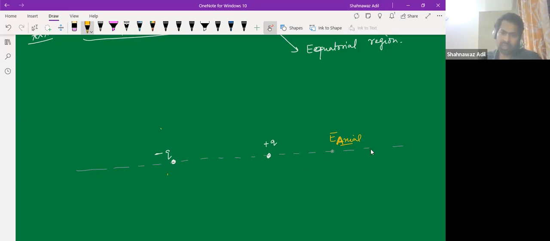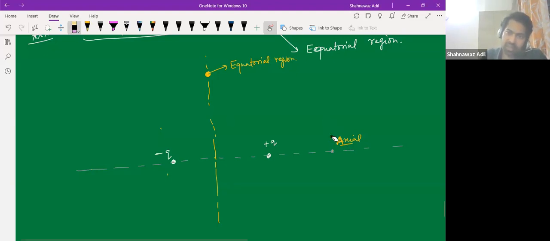This region is called the axial region, and this is the center. And if we calculate at this region, perpendicular to this line, this is called the equatorial region. This is the axial region and this is the equatorial.